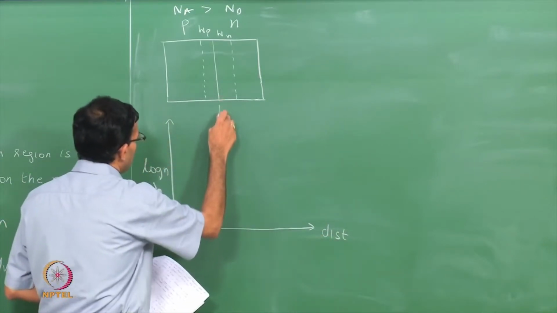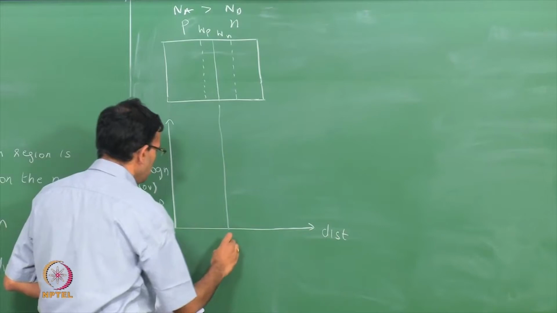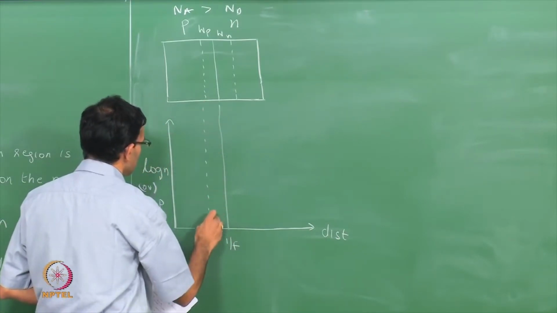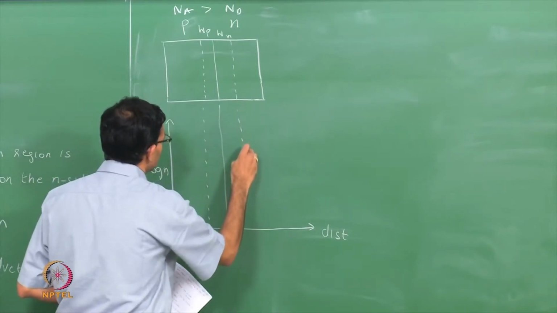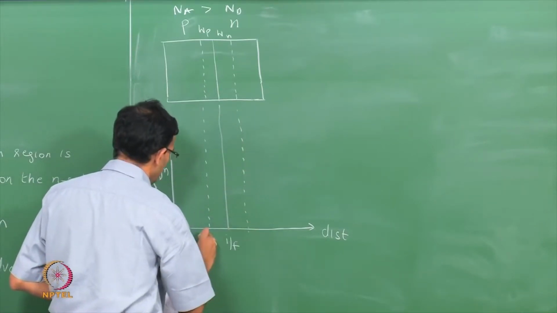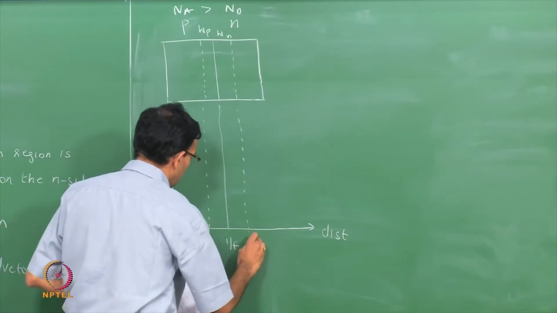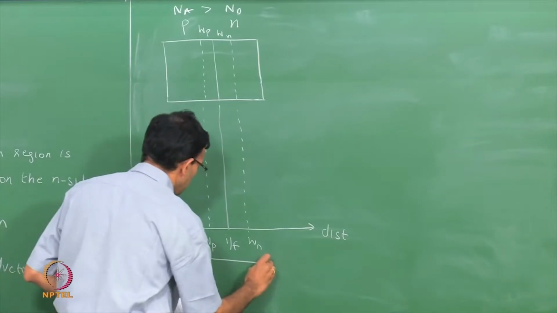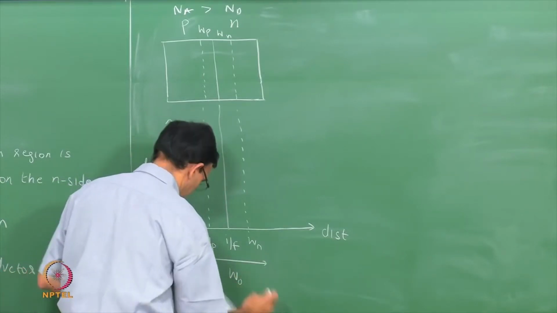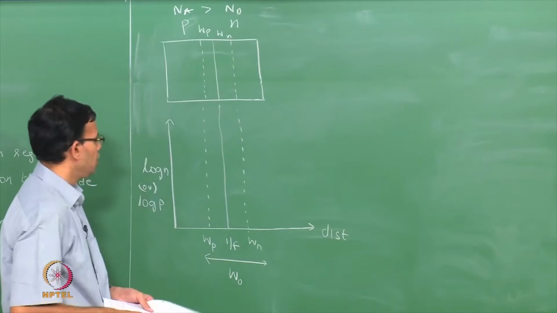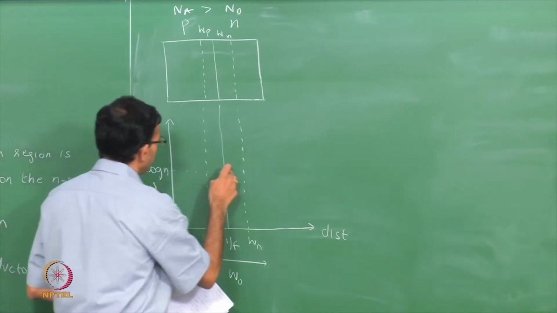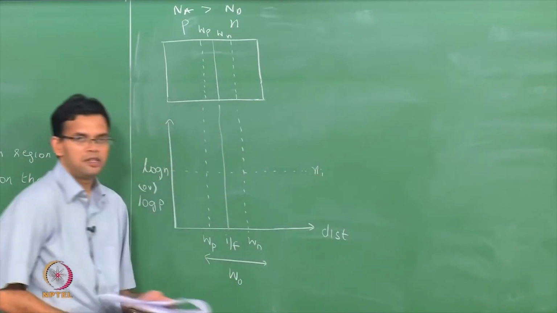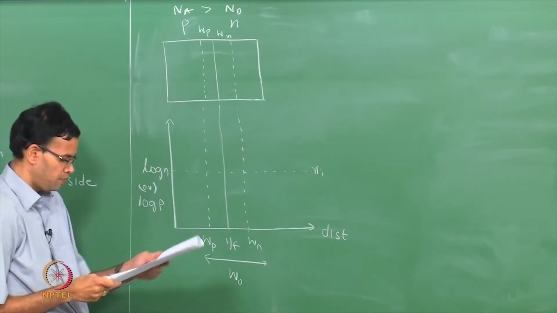So, let me again mark my interface. This is Wp, this is Wn. So, this represents the depletion region. Let me also mark Ni. Ni is the intrinsic carrier concentration.